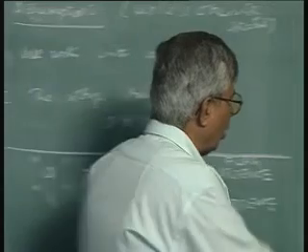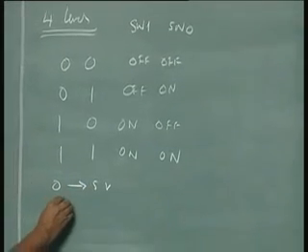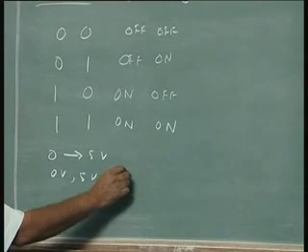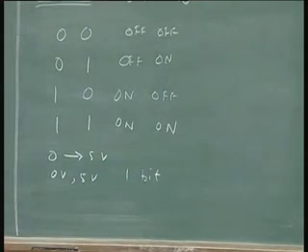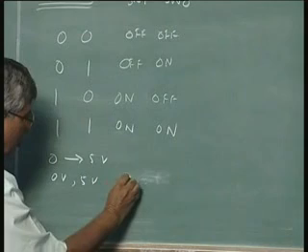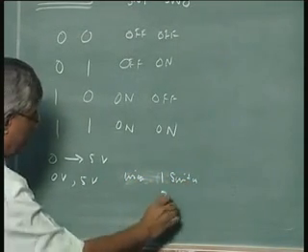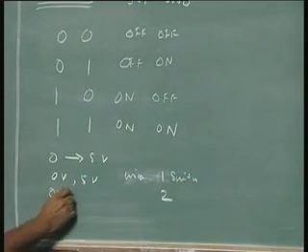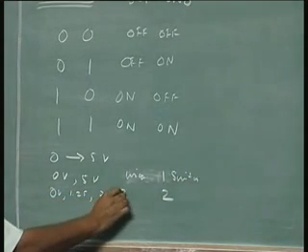So, 0 to 5 volts can be mapped as 0 volts and 5 volts with one bit, with one switch, and with 2 switches, it can take 0, 1.25, 2.5, 3.75.